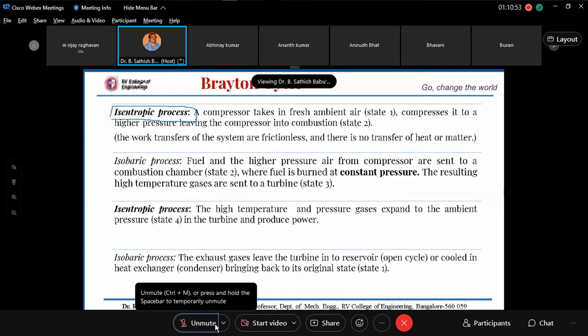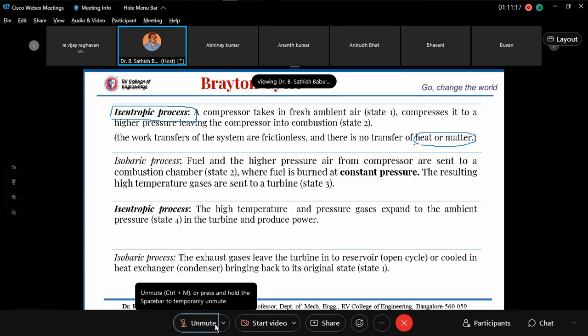So what is happening there? The compressor takes in the fresh ambient air and compresses it to a higher pressure, leaving the compressor into the combustion chamber. That compressed air is sent to the combustion chamber. The work transfers of the system are frictionless and there is no transfer of heat or matter.